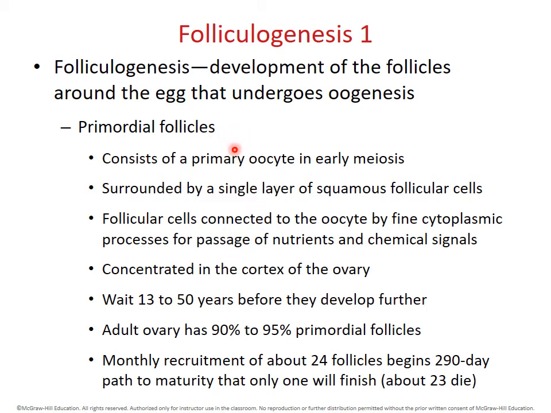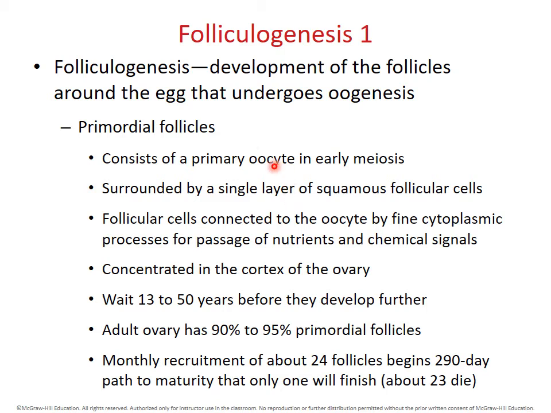Up till now, it's possible that you may be thinking that it takes about 28 days for a primordial follicle to become a vesicular follicle, because we keep harping on the 28-day cycle. But actually, it takes a lot longer than that. So even though we ovulate every month, it doesn't mean that the secondary oocyte that's ovulated each month just came from a primordial follicle 28 days earlier. It's actually much longer than that.